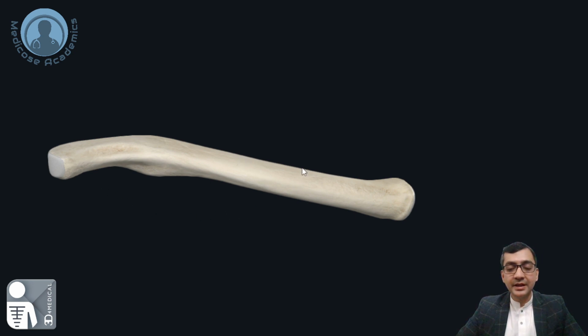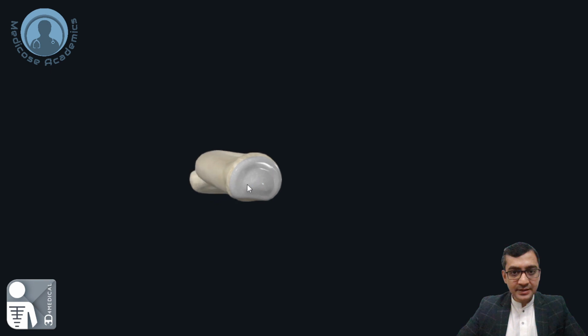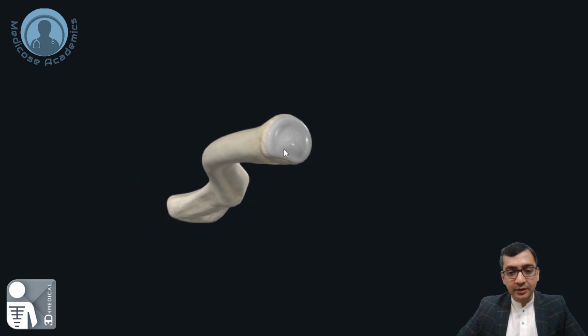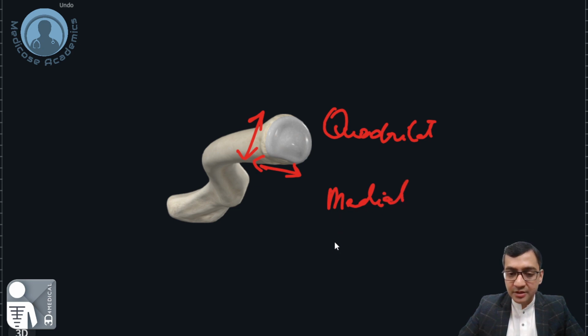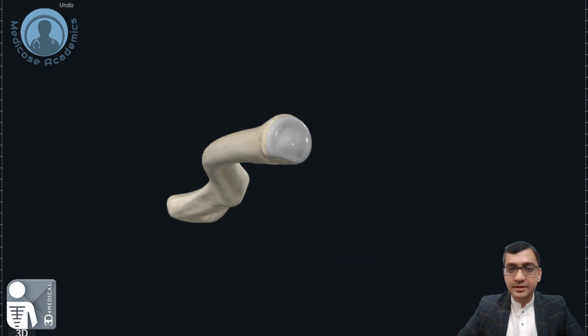Now let's see which is the medial end and which is the lateral end. This is the medial end. It has relatively equal dimensions in both anteroposterior axes, relatively similar dimensions in this direction and this direction. So this is quadrilateral in shape. Since it joins with the sternum, this is also called the sternal end.